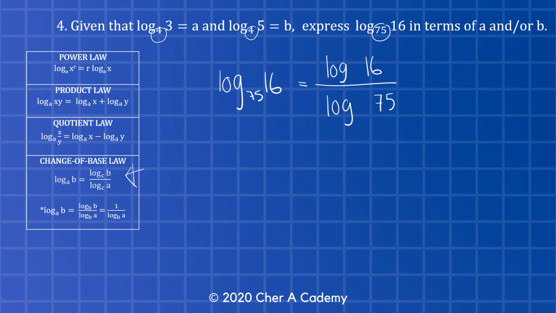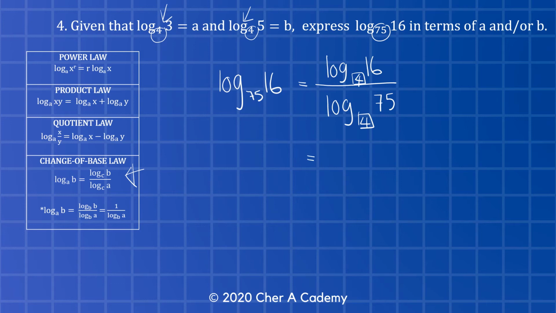Okay, so what base do you want to change to? You can change to any number, but let's look at the question. The question tells me that a is equal to log base 4 of 3 and b is equal to log base 4 of 5. So I would most likely need to use base 4. So I'm going to change the base to 4.